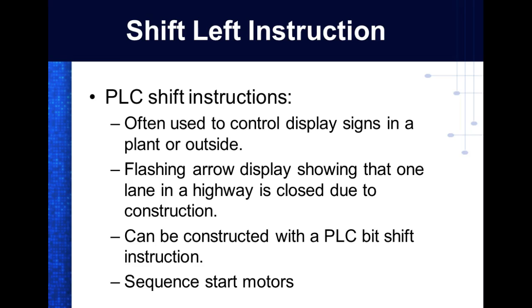It's these signs that have like these arrows that fly around outside like this, or you're on the highway and it says left lane closed, and they got that line up there, and then it's got these arrows flashing, telling you to go, but it's going 1 at a time, right? Understand? We can also use them to sequence start mode. So we could use one instruction to sequence start a motor.